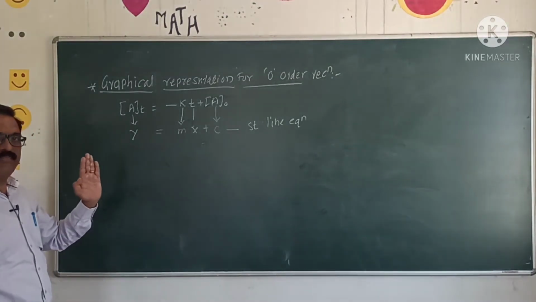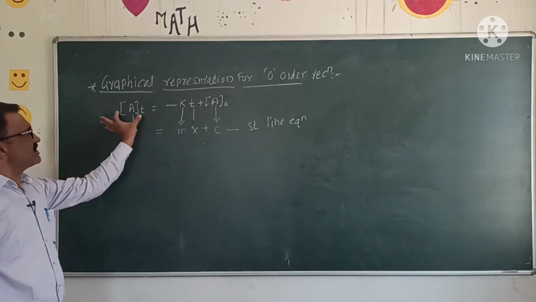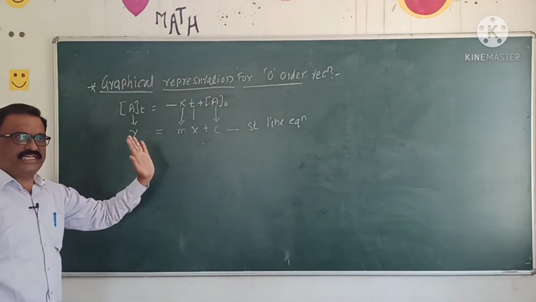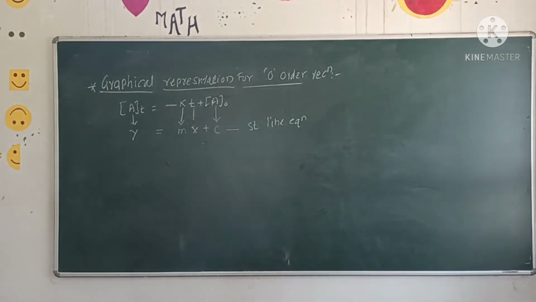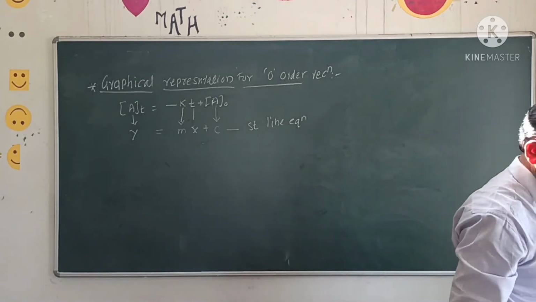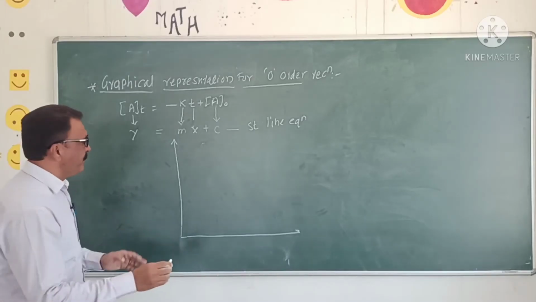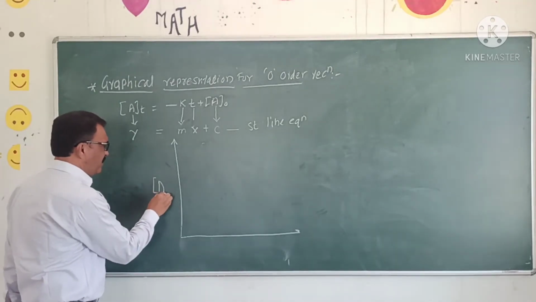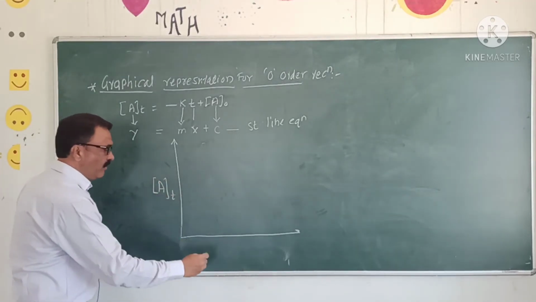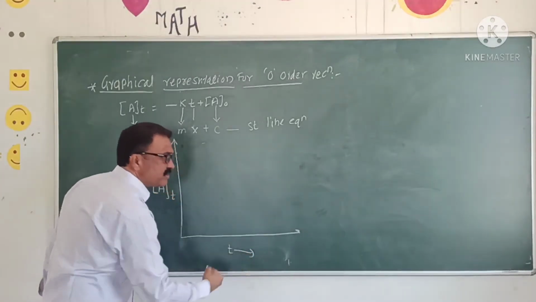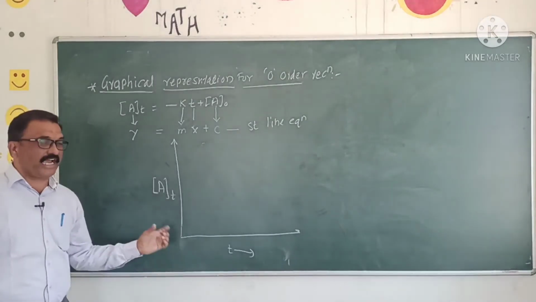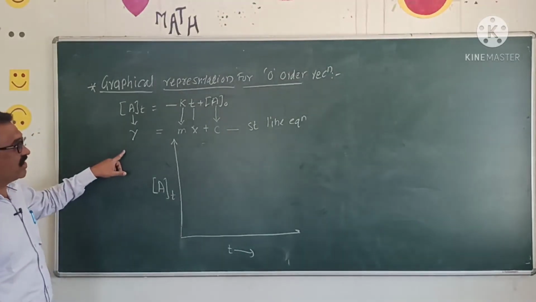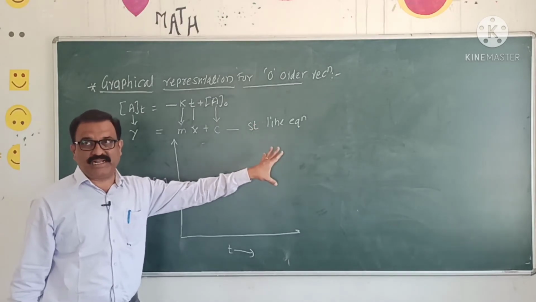When we plot a graph of the concentration of At versus time, small t, the nature of the graph is a straight line graph.